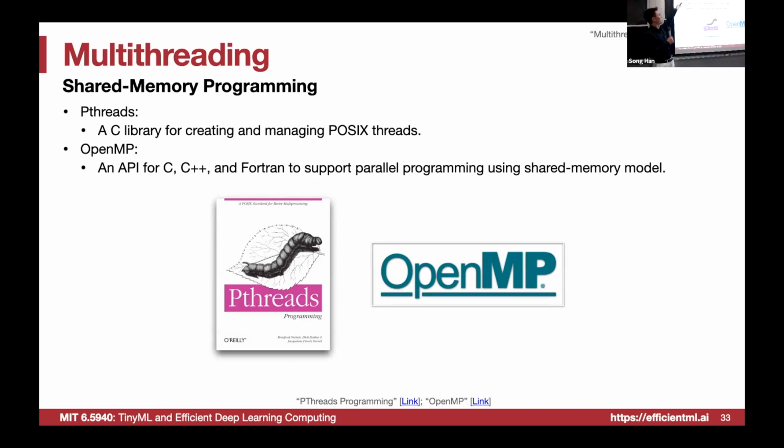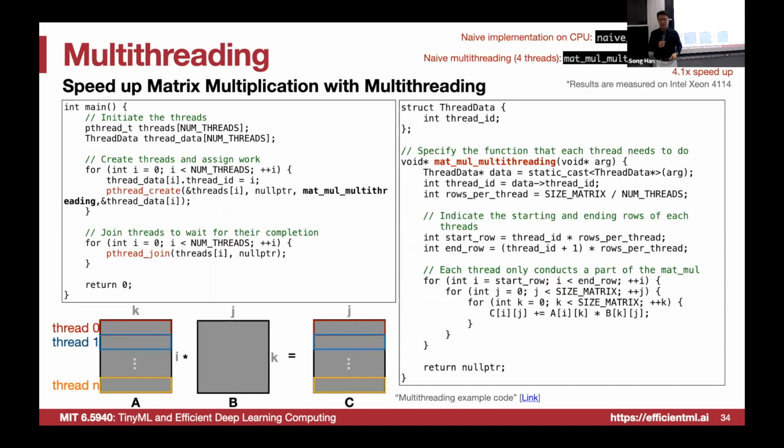There are two practical libraries for writing multi-thread programs. One is pthread, the other is OpenMP. Let's see how we speed up matrix multiplication using pthread first.